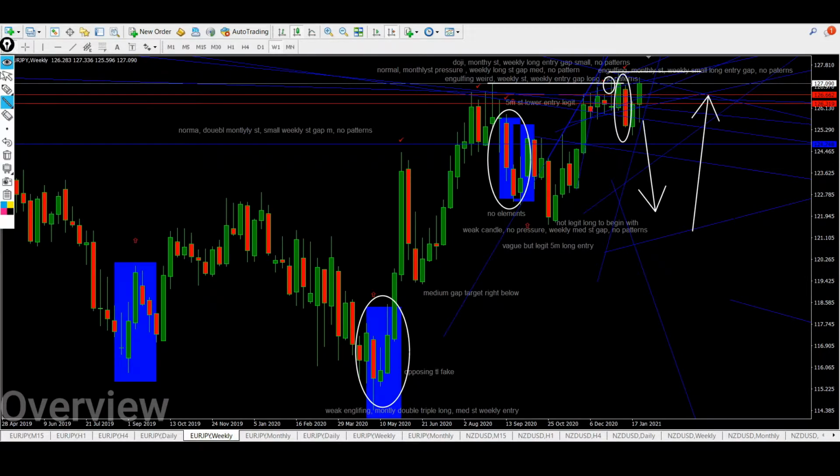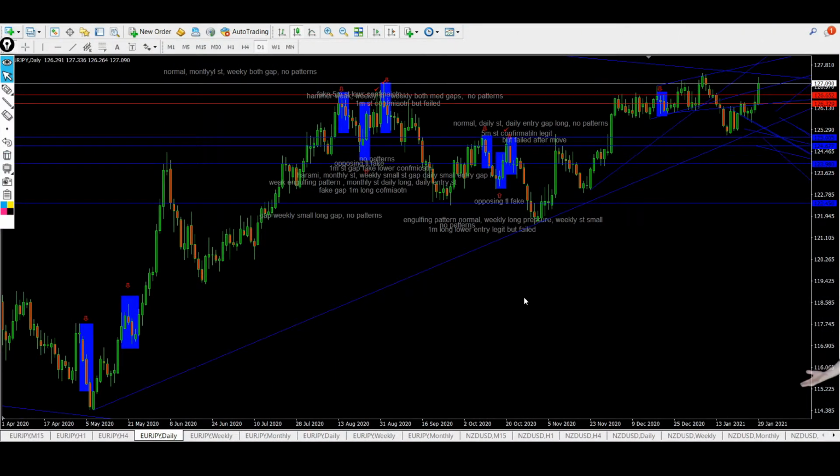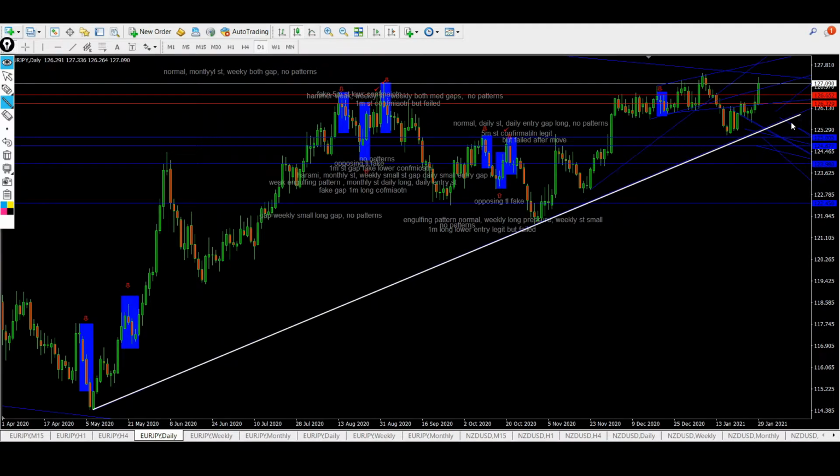Alright, so let's talk entries. This is a daily chart. We were looking at this trend line from this pivot to this pivot. We wanted price to fall down here and see what happens at this level.